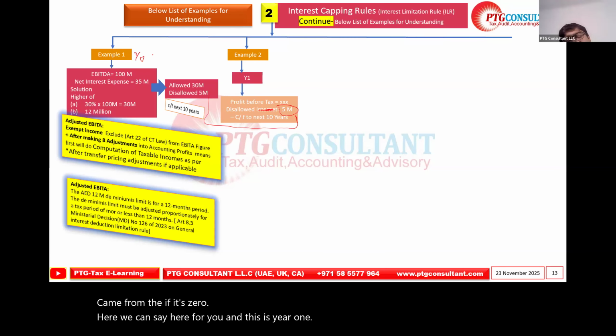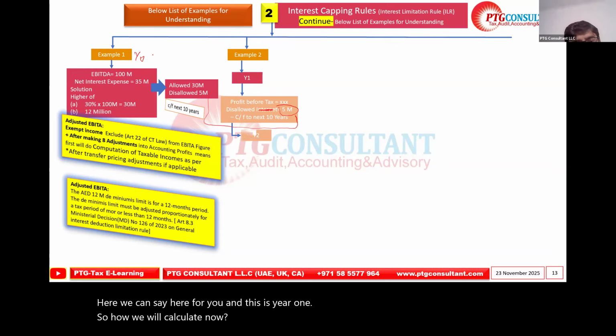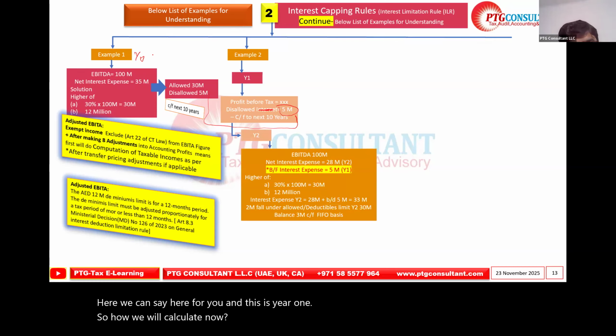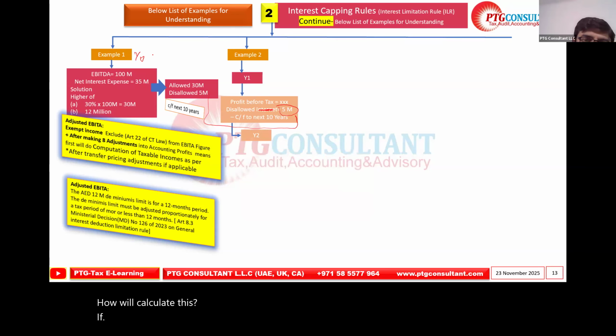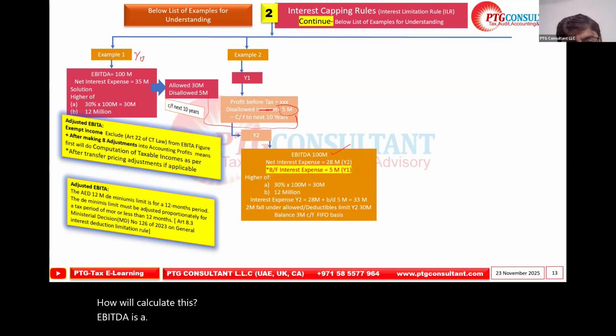So how will we calculate this? If EBITDA is 100 million and net interest expense for year two is 28 million, and the brought-forward disallowed interest expense is 5 million.